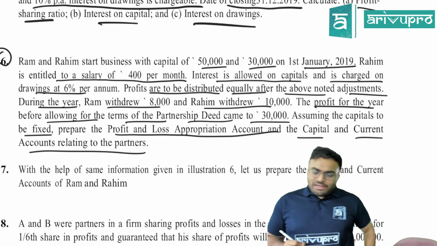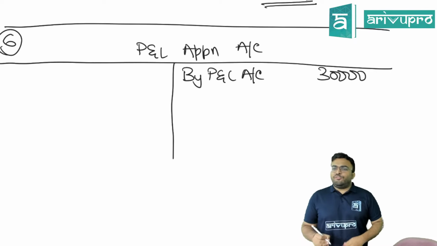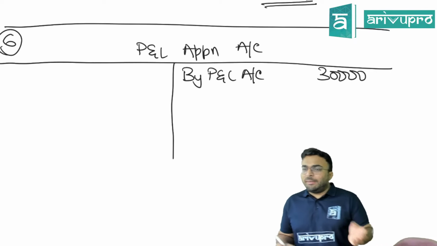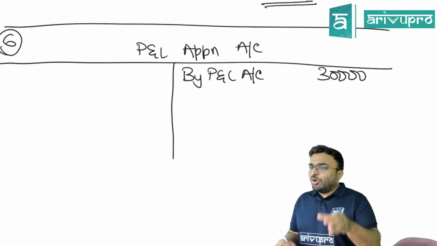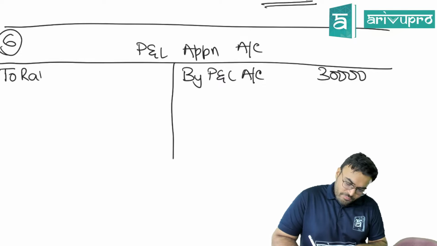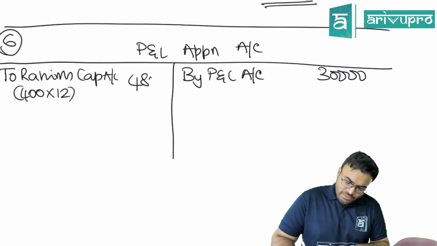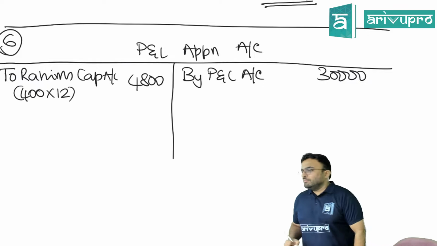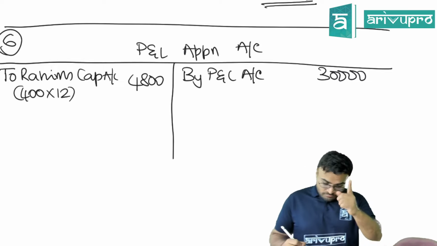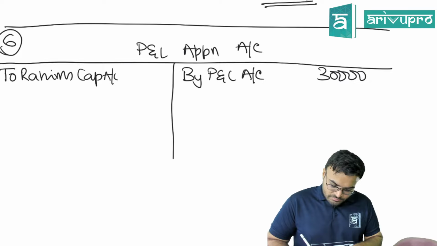Rahim is entitled to a salary of 400 per month. What should be the entry? P&L appropriation account debited to Rahim's capital account, sorry, it is a current account.